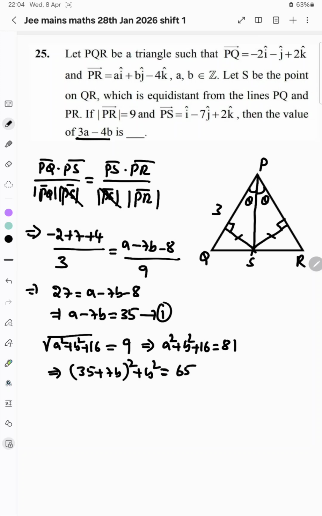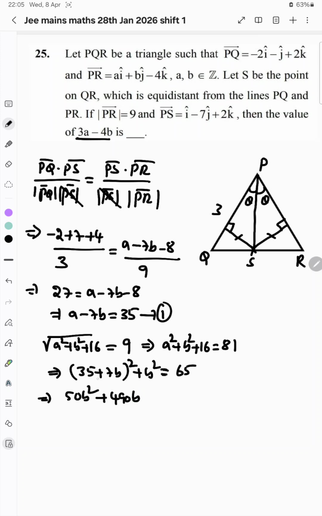Now we can expand this. It is 7B plus 35 whole square. 7B square gives 49B square, plus the 1 already there, so 50B square. Next, 35 square and 2 times 35 into 7B: 2 sevens are 14, 14 into 35 is 490B.